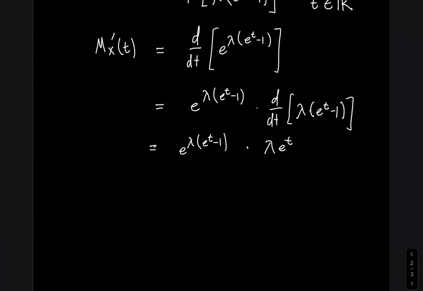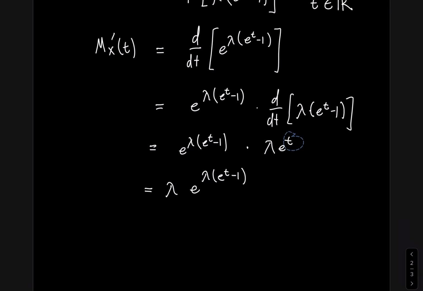So then putting this all together, again you have a power, and this might be a little bit tricky, but we'll try to get through it. What happens here is we have a lambda out the front. We have e to the lambda (e^t minus 1). And then notice here we have an e^t.